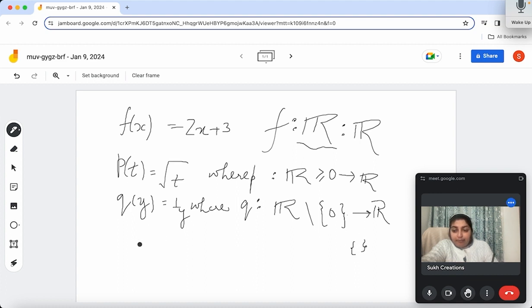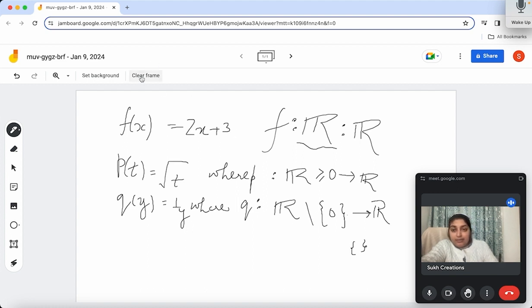Because division by 0 is undefined, so I need to exclude this. This q function is defined for all real numbers except 0. Okay, so this was the domain part.